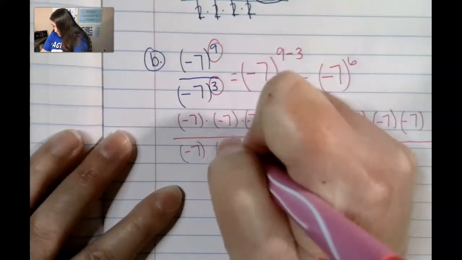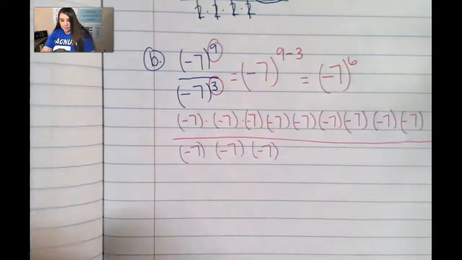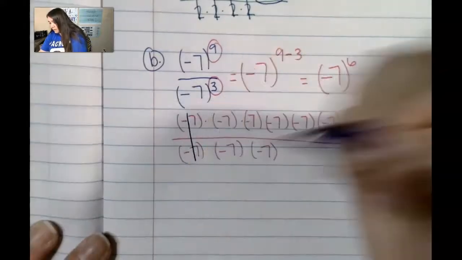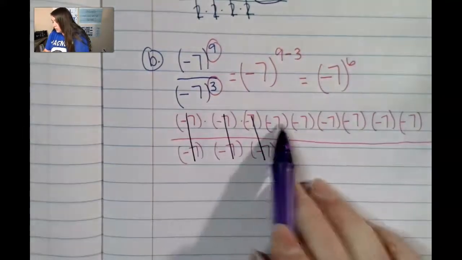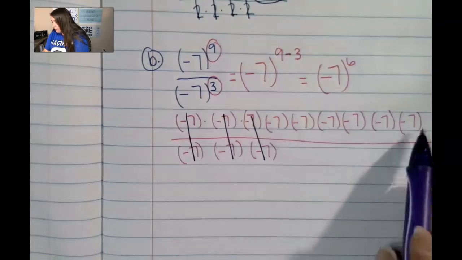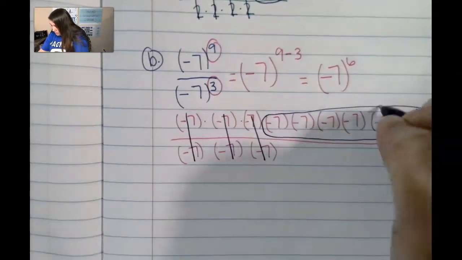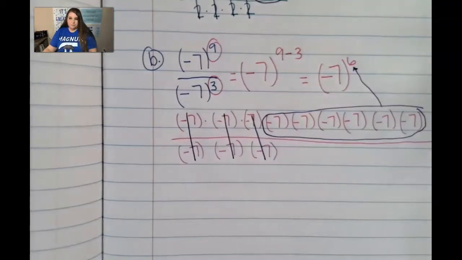So we need 3 of those as our repeated factors on the bottom, and then they cancel each other out. Negative 7 divided by negative 7 is 1, 1, and 1. So we have 1, 2, 3, 4, 5, and 6 left over, and those make up our exponent.